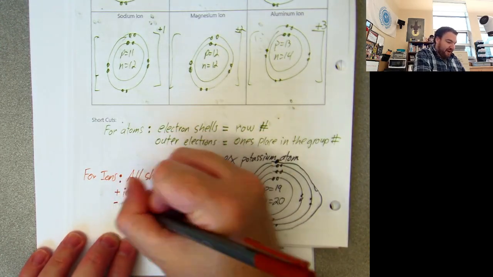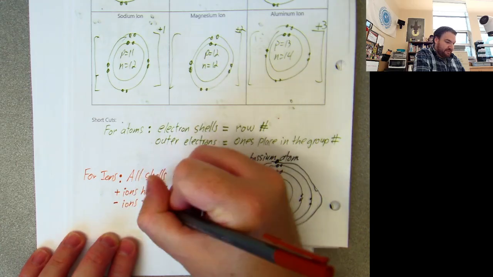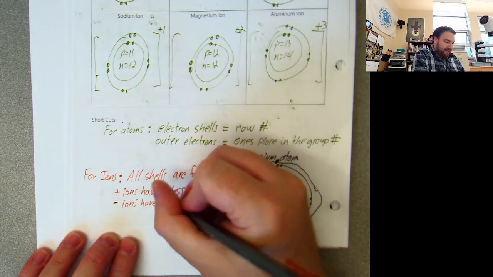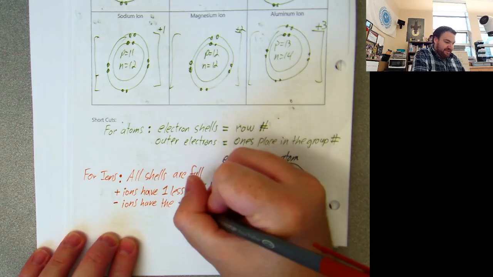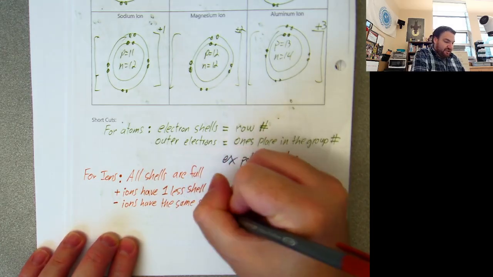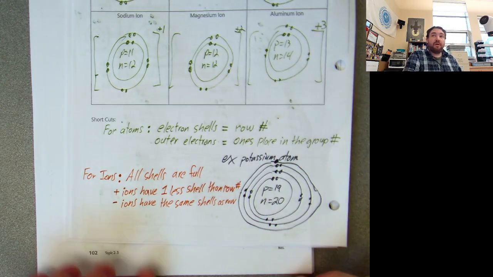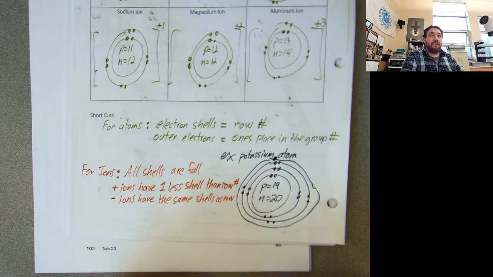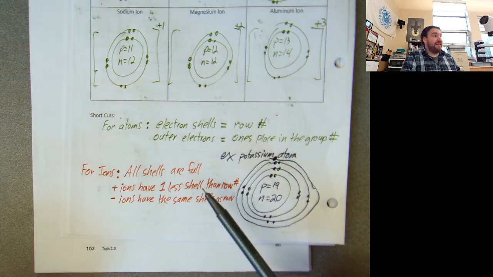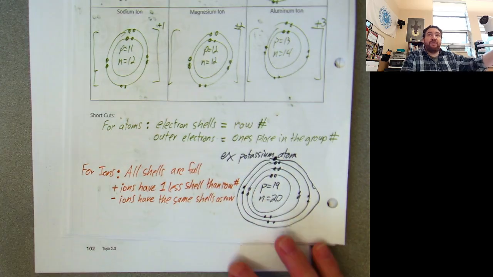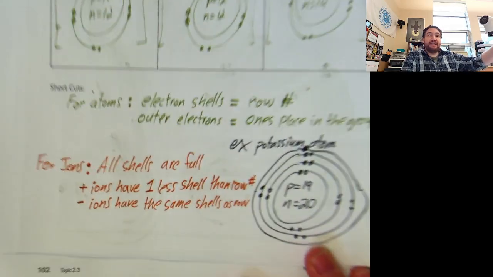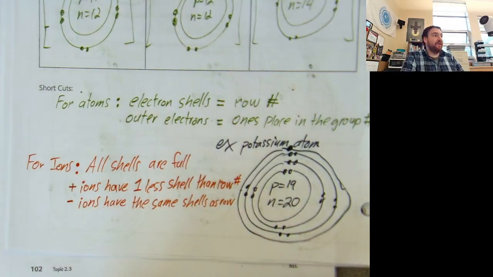And the negative ions have the same shells as row. But that top point there, all shells have to be full when you've got an ion, is the key piece there.